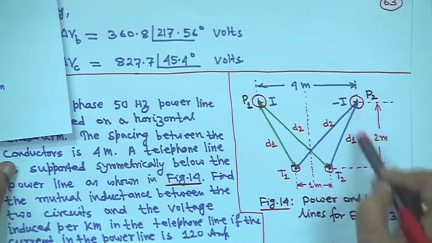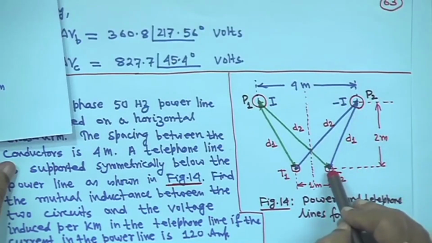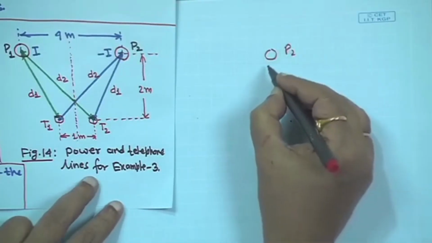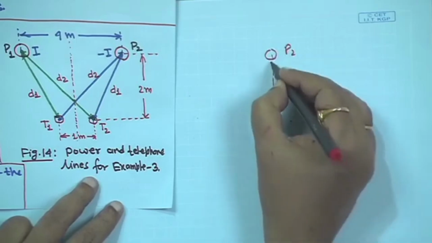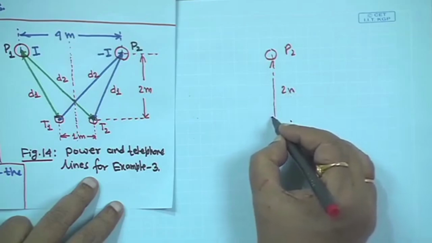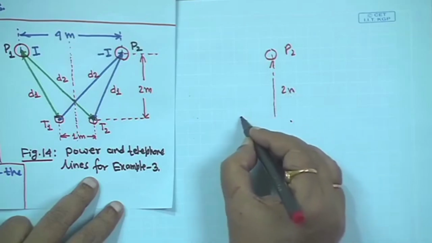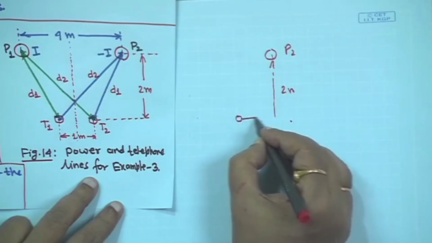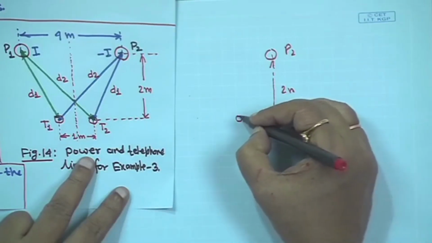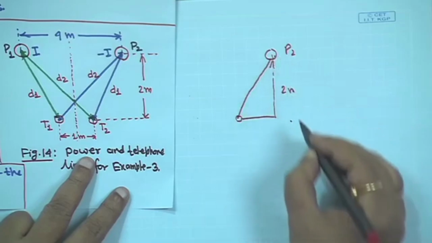Hold on, I have to make it for you. So, say this is conductor P2, draw a vertical line, this distance is 2 meter, and from here a telephone line is here, right.